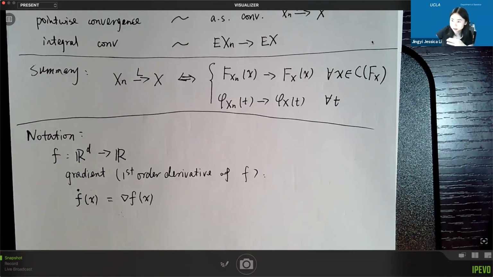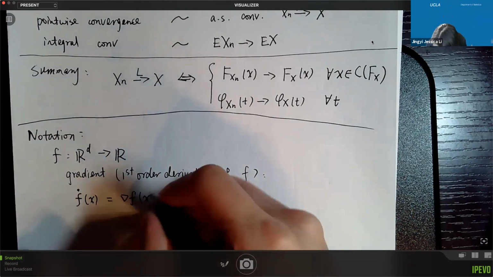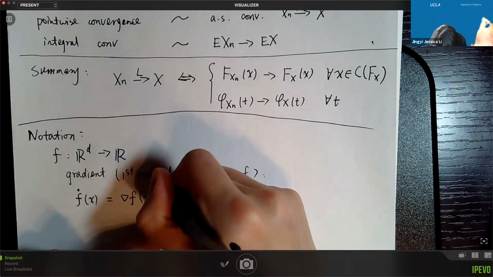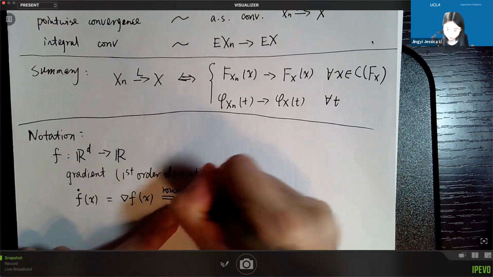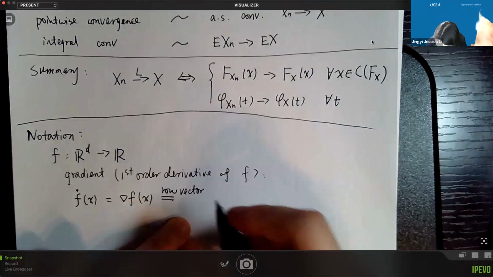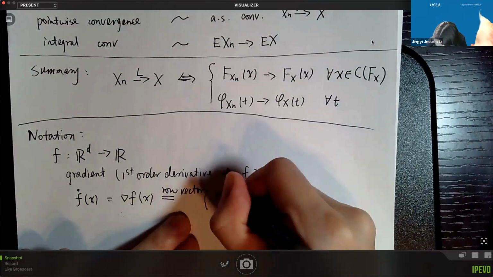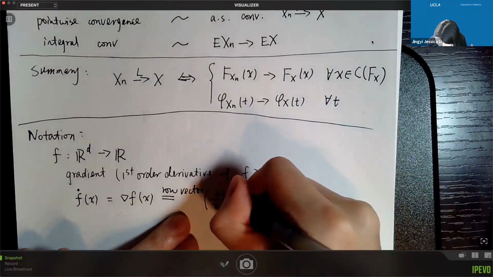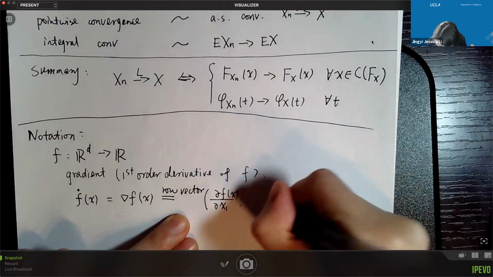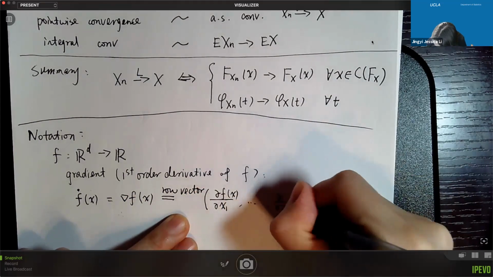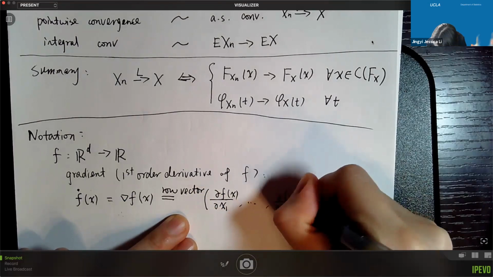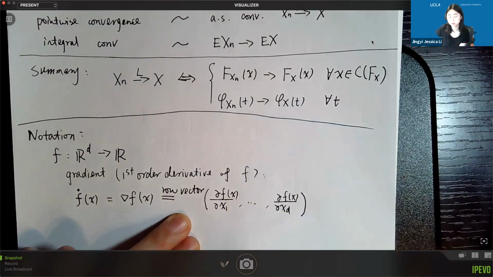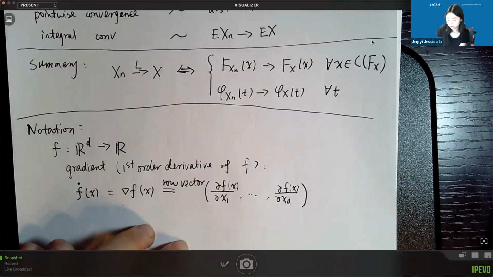If you didn't think about this clearly, you may find the derivations and notations confusing. So here it's defined as a row vector, and we write it as partial f over partial x1, the first dimension, to the partial derivative of the dth dimension. That's it, a row vector.